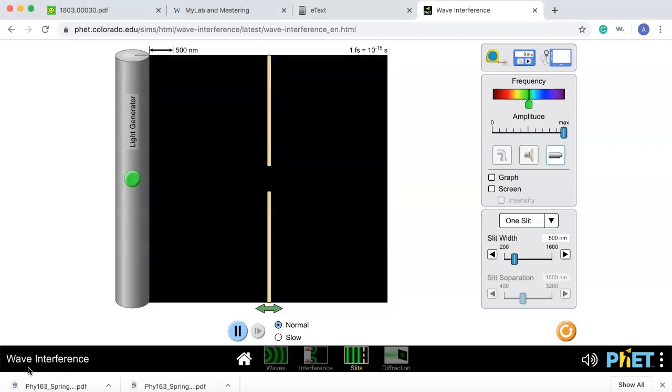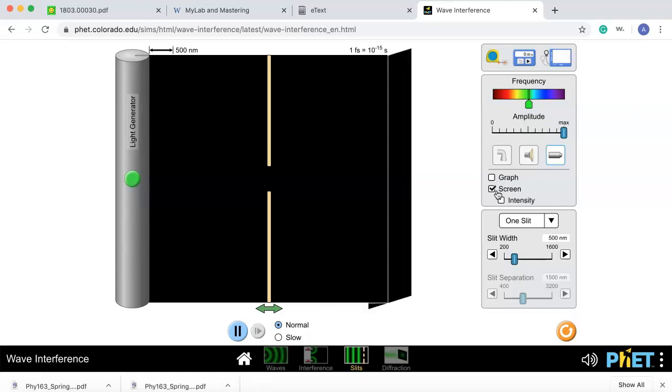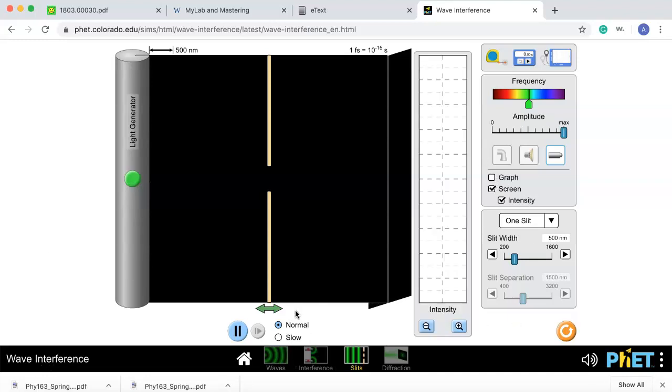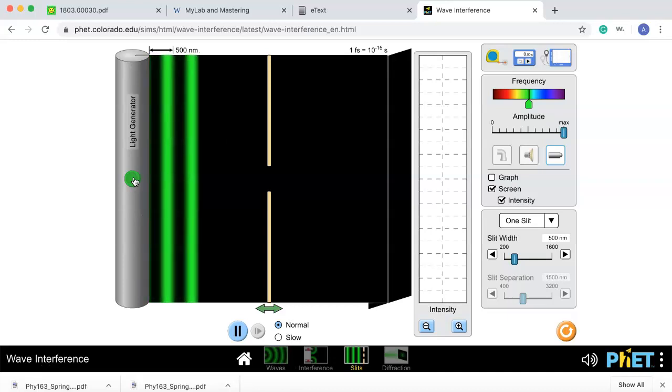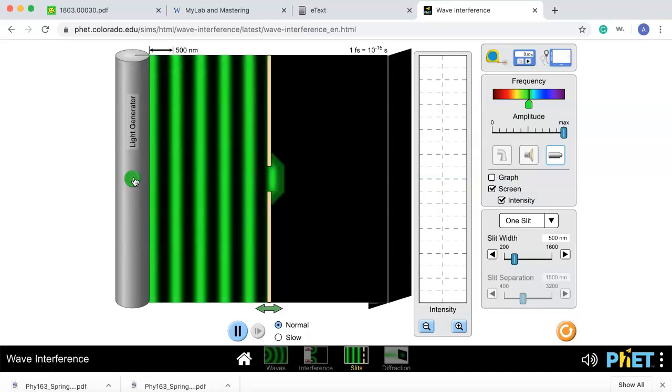Okay, so first let's try to play with a simulation with just a single slit to see if we can see anything. So this is green light, some separation between slits. Let me put a screen here and let's plot the intensity there. All right, so we turn on our laser.